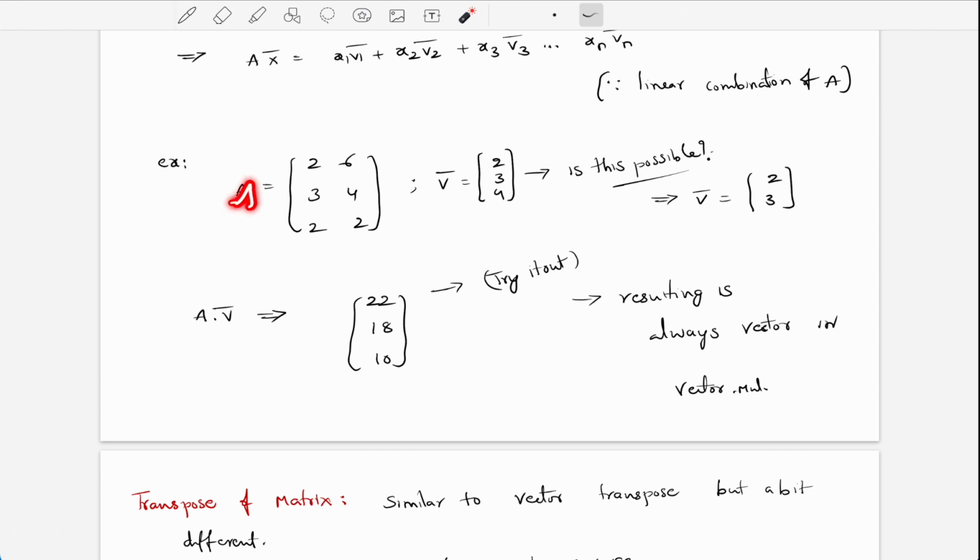Like A is equal to, we have a matrix over here, and we have taken a vector also. Is this possible? Can we multiply the matrix with the vector? The dimensions didn't match over here. As I previously said, the rows of this and the columns of this should match. Is this matched over here?